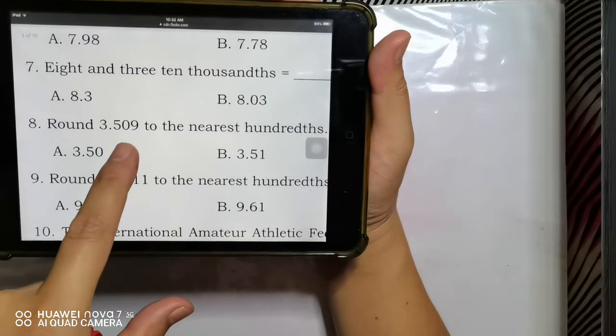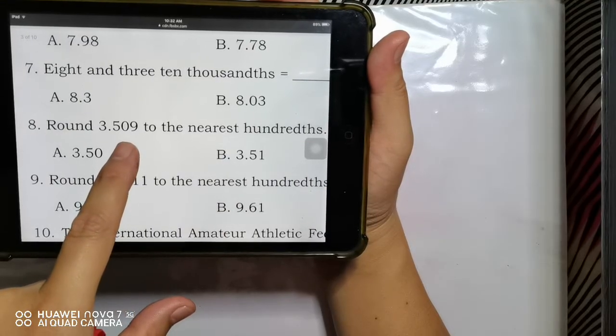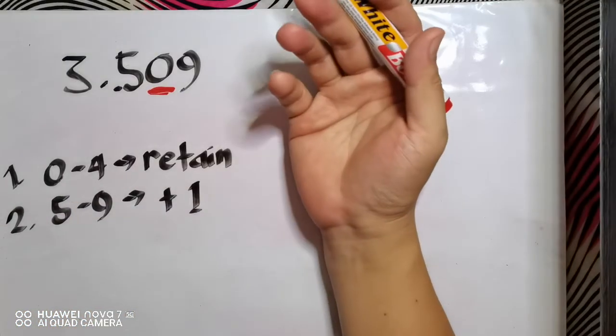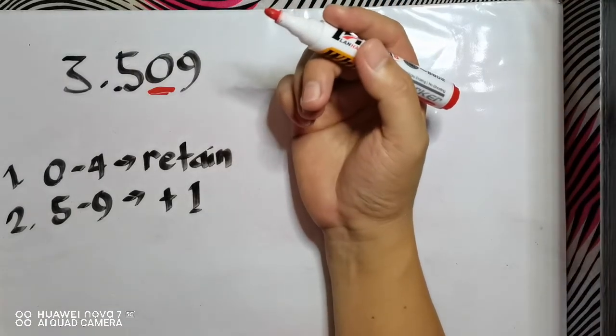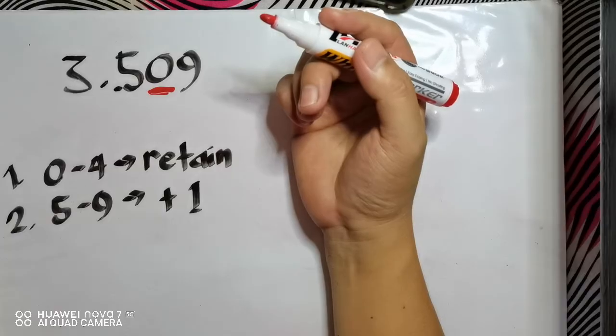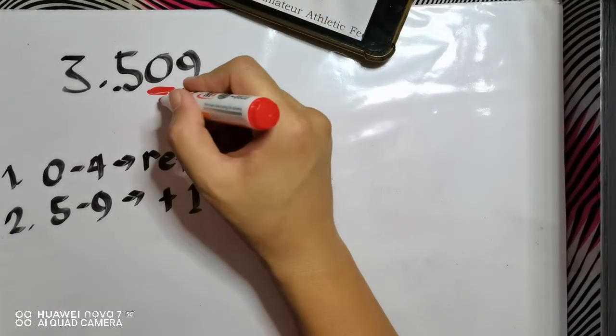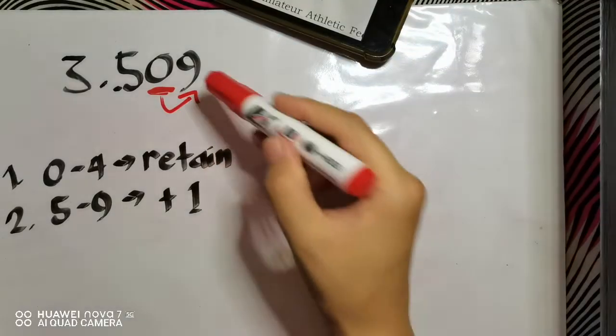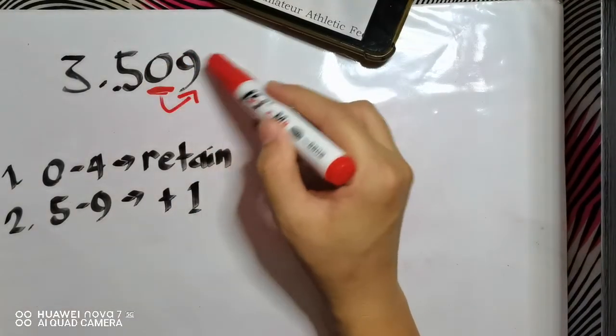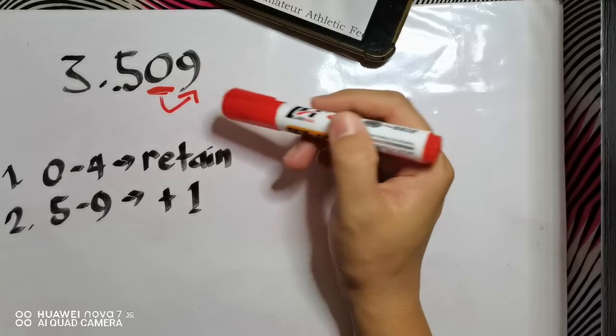So, ang ira-round natin ay yung nasa hundredths place, which is 0. Now, tingnan mo yung number na nasa kanan. Ano ba yung number na nasa kanan? Yun. 9. The number on the right of the number to be rounded is 9.